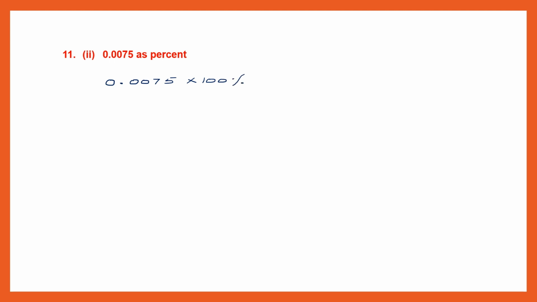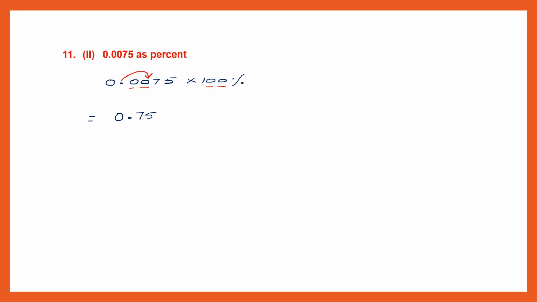Now we know multiplication of decimal numbers by 100. Since there are two zeros, the point will move two places to the right. That means it will move from here to here, and now the point is there. What is our answer? If I put the point alone, 0.75. And since there's no other number other than 0, I put only one 0.